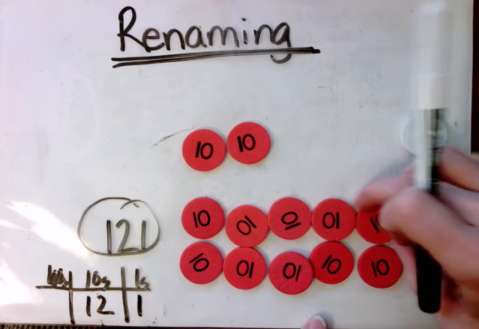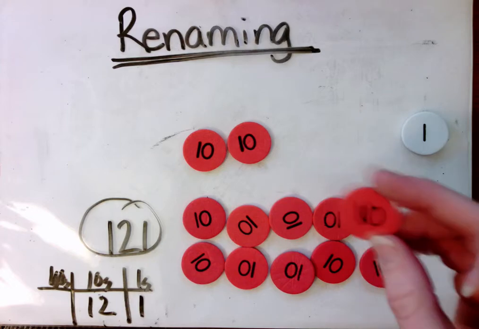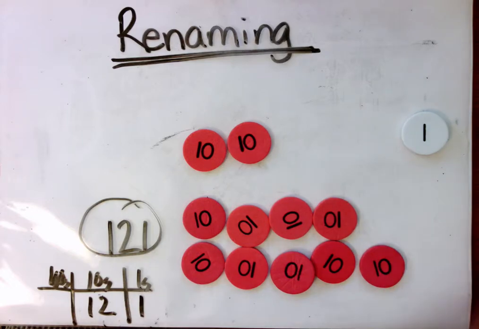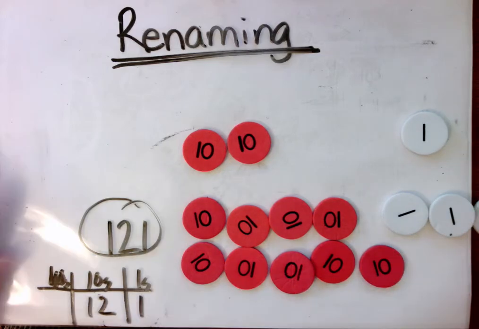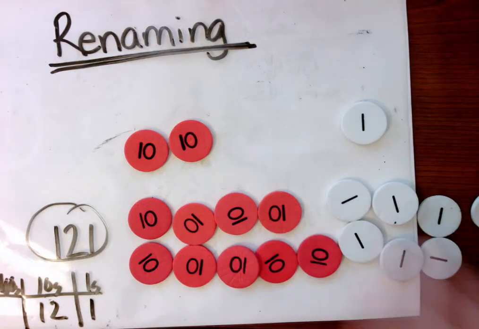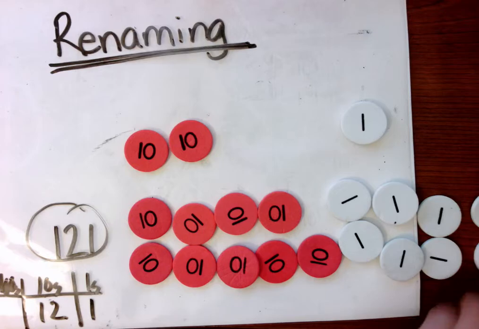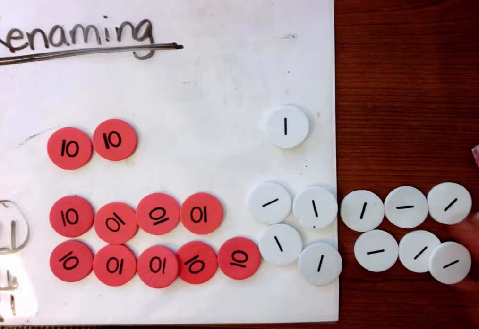I could even take one of these place value discs of a 10 and trade it for 10 ones. And I'll move this over so you can see them all. So now, do I still have a value of 121?